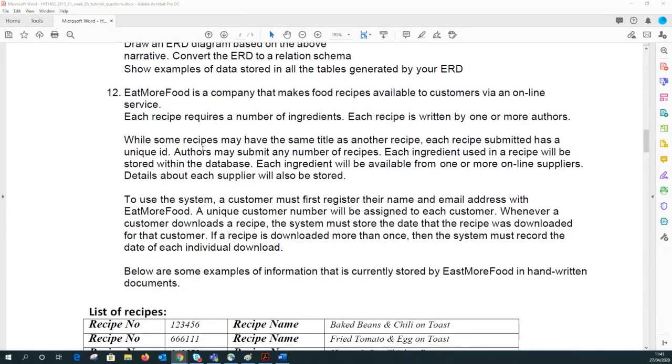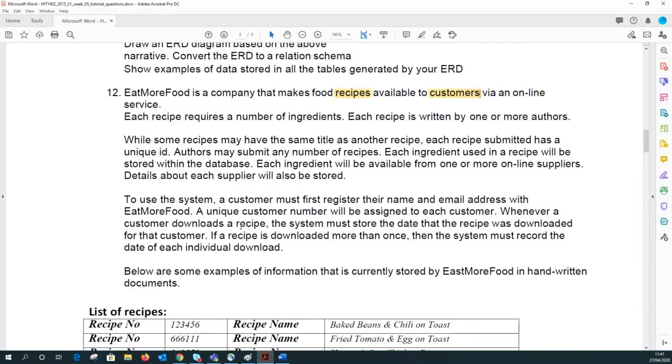Now let's actually highlight some of the keywords. So recipes, I will highlight the recipes. It looks important, it may be an entity. Anyway, we highlight it, and then they are talking about the customers.